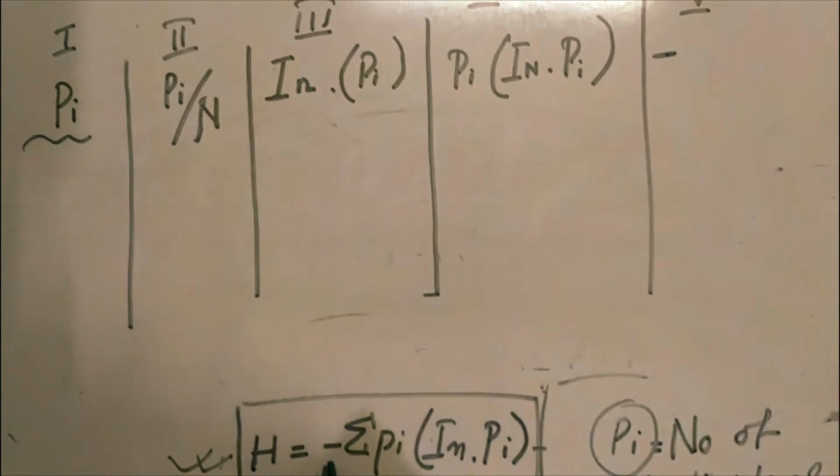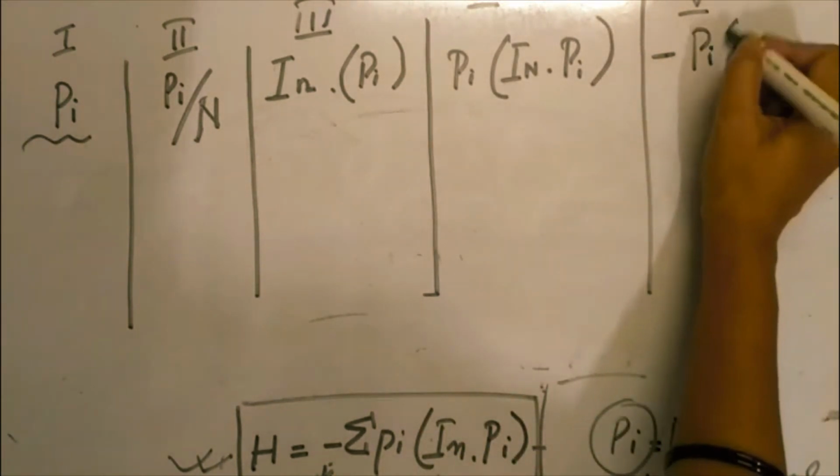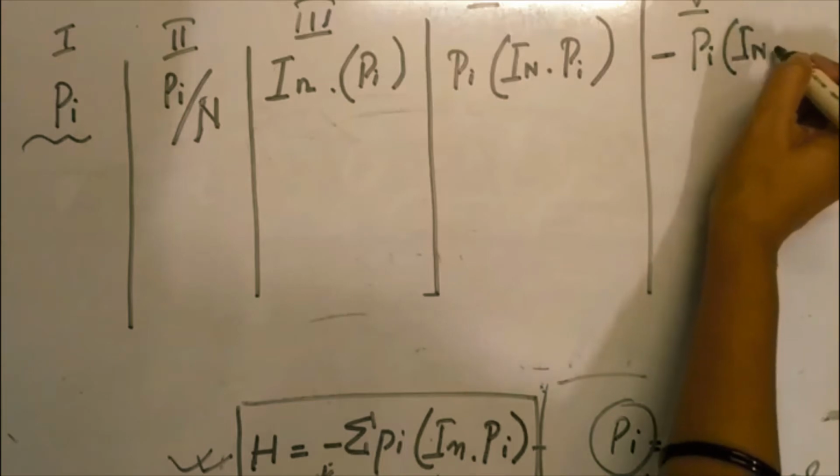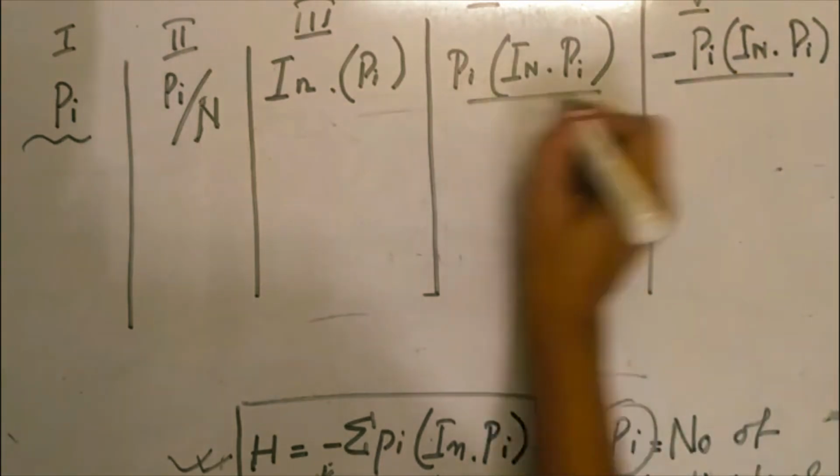Here you put a negative symbol: negative Pi natural log into Pi. This is a very easy formula.